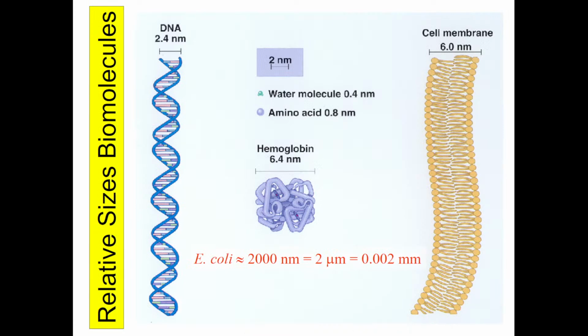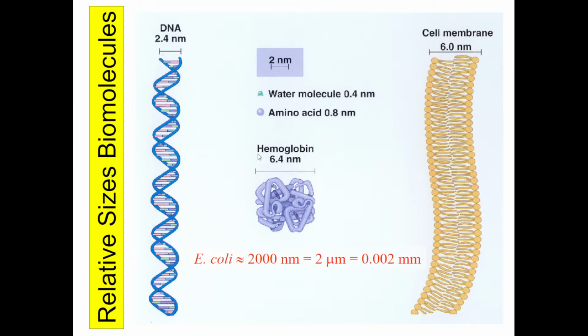Now you can see a comparison of the size of DNA. Really, it's a very long system in comparison with protein structures, and the diameter of DNA is comparable to, not less than, the size of corresponding proteins.